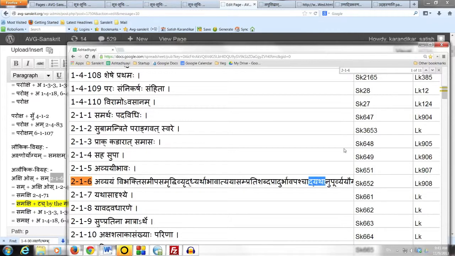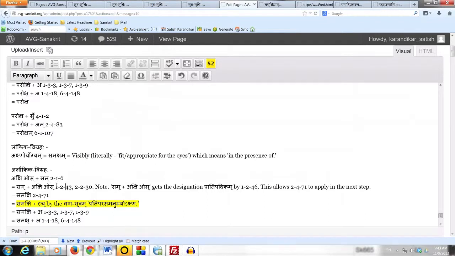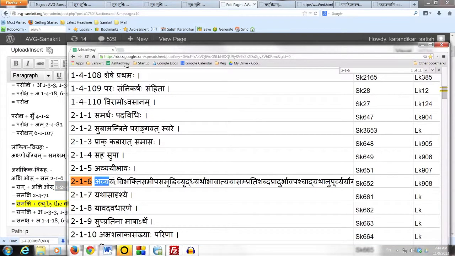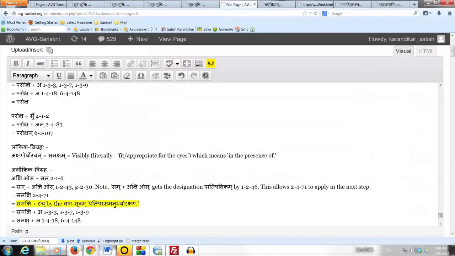The avyayam sam gets the designation upasarjanam by 1-2-43 prathama nirdishtam samasa upasarjanam, because in the samasa vidhayaka sutram 2-1-6 the term avyayam is prathamantam, and then by 2-2-30 sam becomes the prior member of the compound, and now sam plus akshi os gets the designation pratipadikam by 1-2-46 krit-taddhita-samasascha.